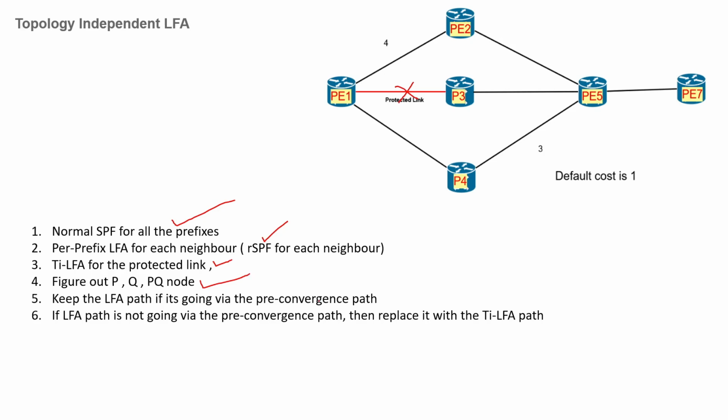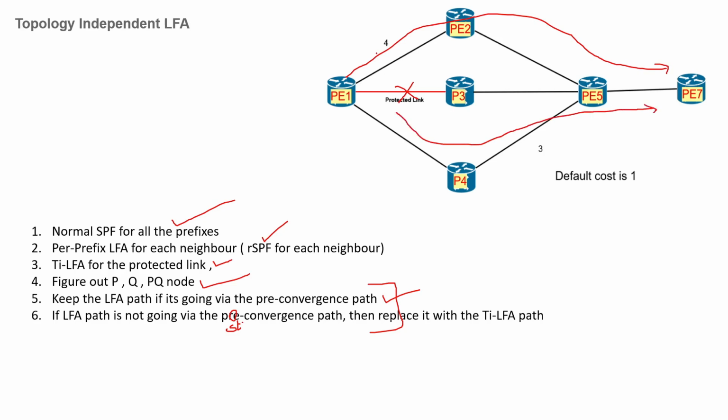If LFA path is going via the post convergence path, it keeps the same. But if LFA path is not going via the post convergence path, then they need to replace it with the Ti-LFA. What does it mean? Let's say from P1 to P7, LFA path is going via this way, but the post convergence path is this way.